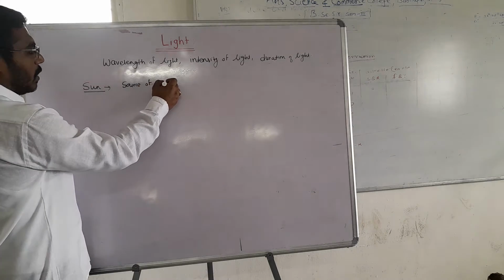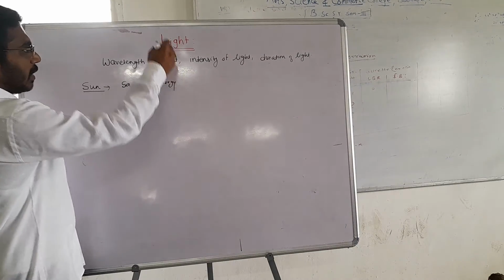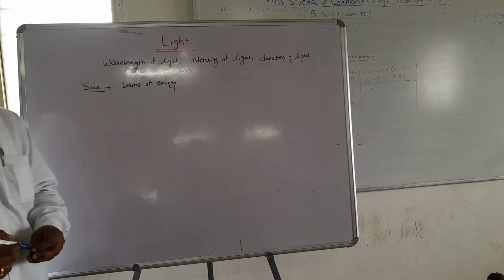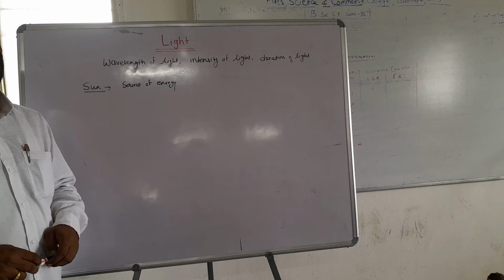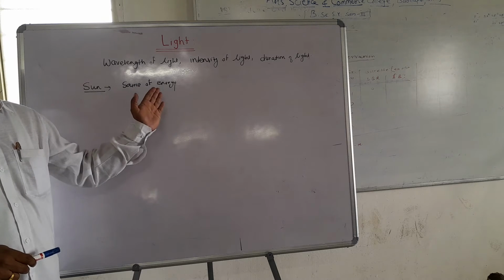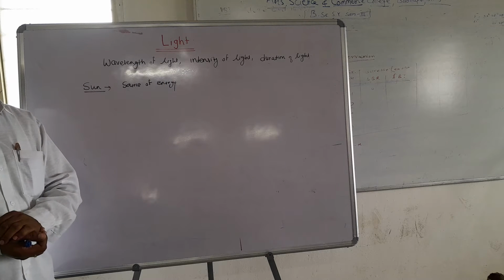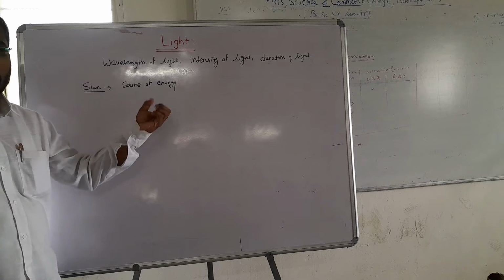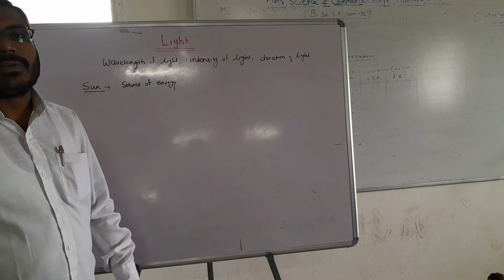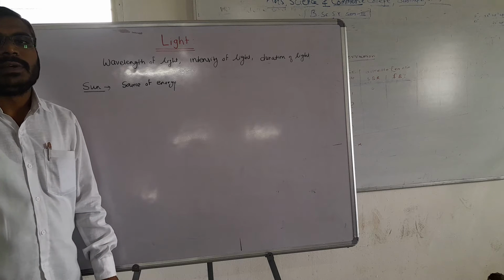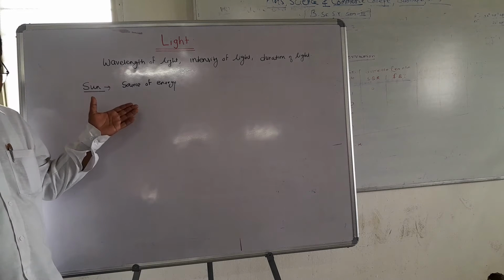That energy is provided by light, and during photosynthesis reactions light energy is converted into chemical form of energy which is stored inside the food, and that energy is available for all other living organisms.